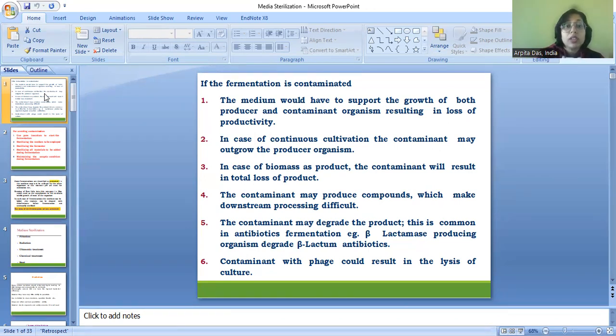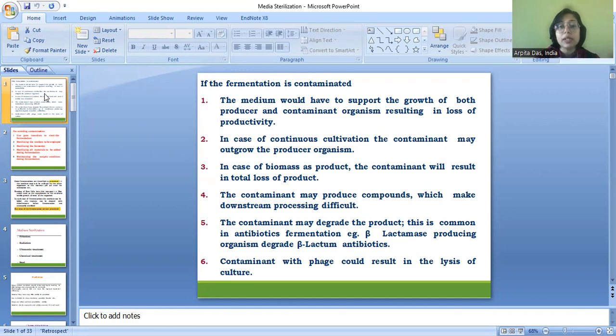Okay. So if the fermentation is contaminated, that means if there are other microorganisms, there is a huge loss. So we are not supposed to afford the loss in bioprocess technology. If the microorganism is contaminated, the medium would have to support the growth of both producer and contaminant microorganisms, resulting in the loss of productivity. Yes, correct. Number one point is correct.